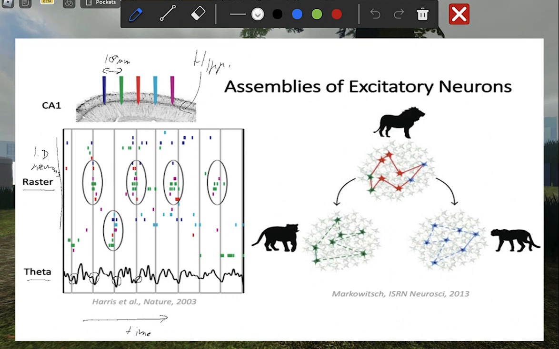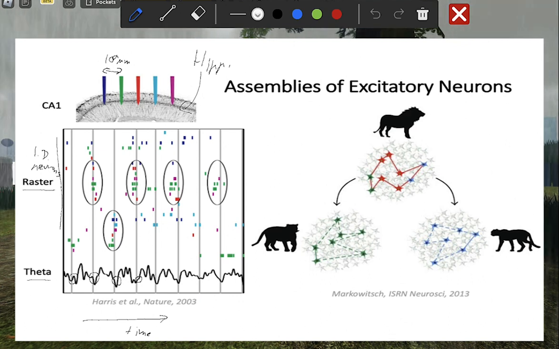And we hypothesize, and there's other studies to nut this out further, that these different assemblies correspond to different memory items. So, for example, on the picture on the right, you might have a few different memory items like a lion or a leopard or a tiger, and they might have groups of neurons or assemblies which become activated when presented to someone, for example.